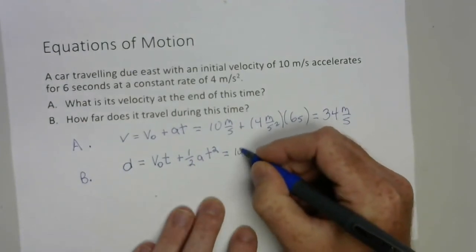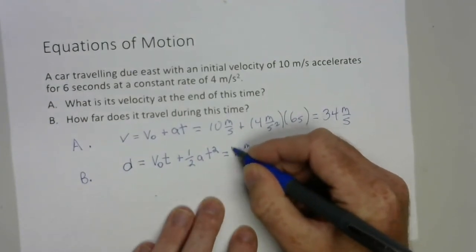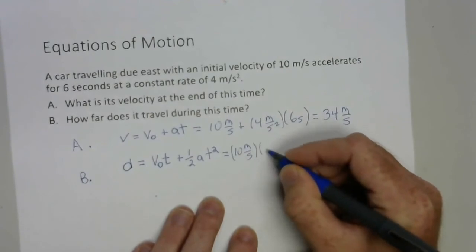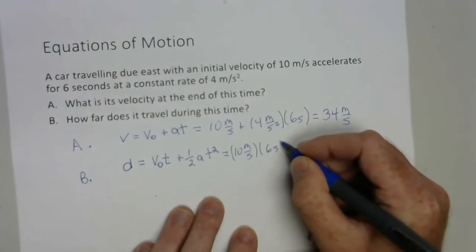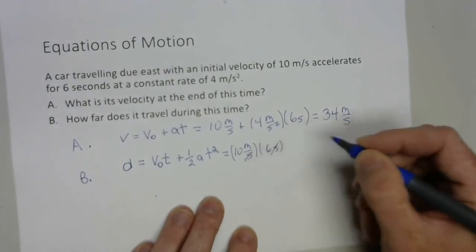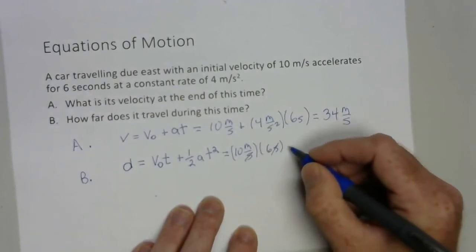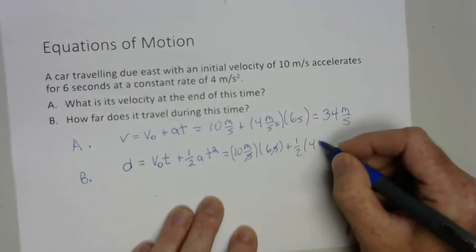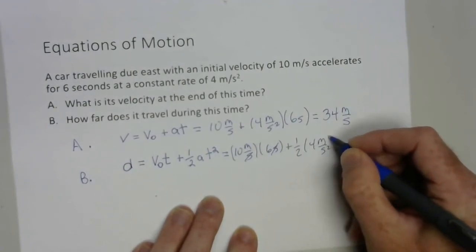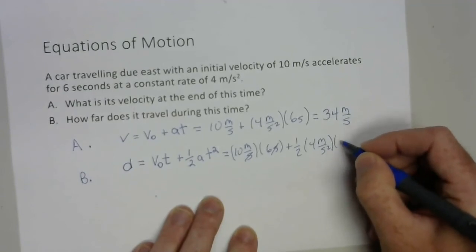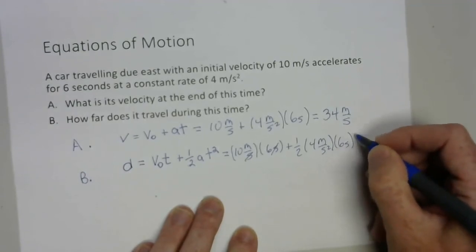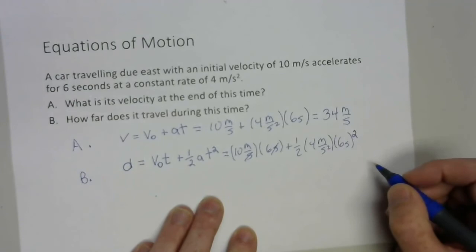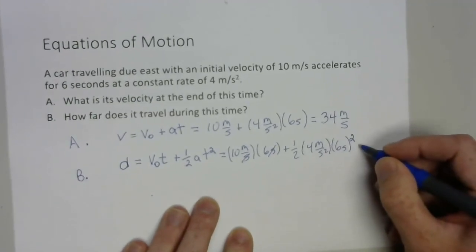Regardless, we plug in 10 meters per second times 6 seconds. Those units cancel. Plus 1/2 the acceleration, 4 meters per second squared, times 6 seconds squared. Make sure you square it or you will not get the right answer.